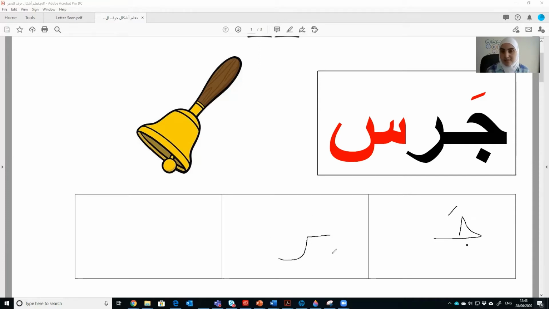Yes, إنه حرف الراء. R, حرف الراء. J, R, and the last letter in this word is S.